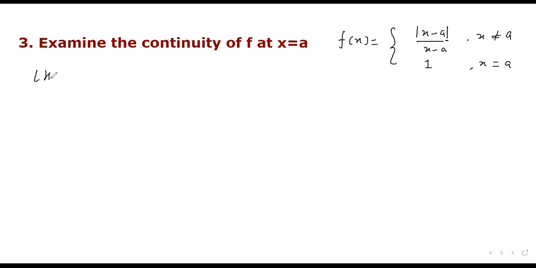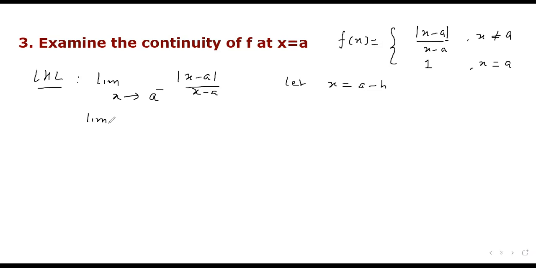So let's consider LHL. Limit x tends to a minus, modulus of x minus a divided by x minus a. Let x equal to a minus h, where h tends to 0.